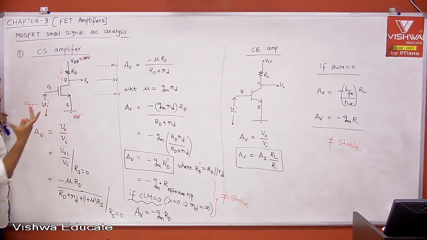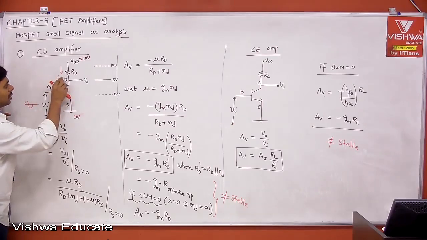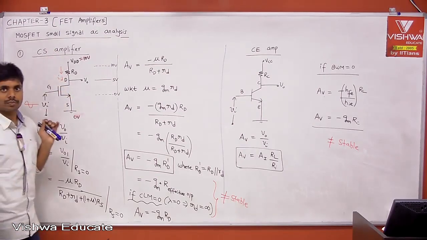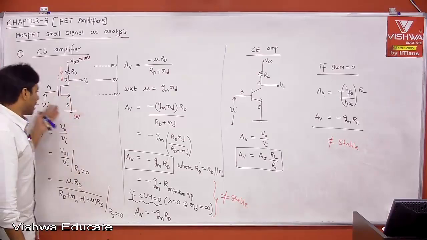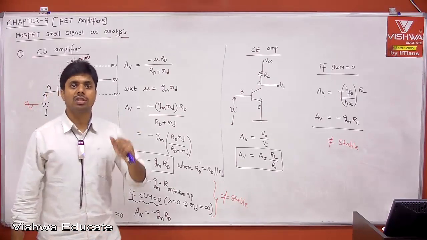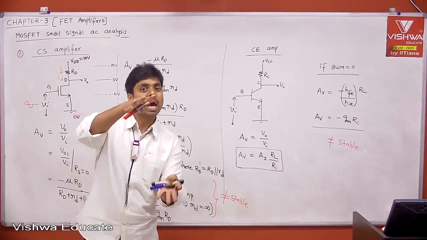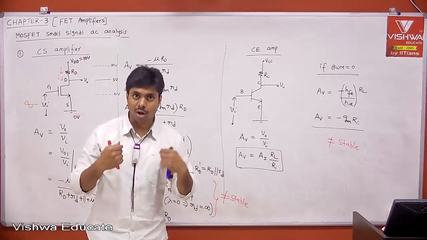Therefore, if you have more GM, the small input voltage will be converted into large output current. What is transconductance? Converting the input voltage to output current. If you have large GM, the small input voltage you apply will give a large output current. That is what we need.